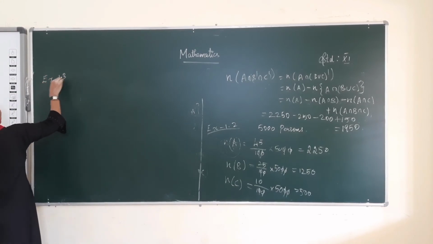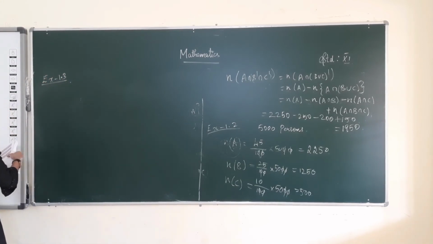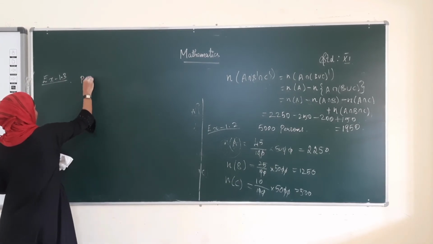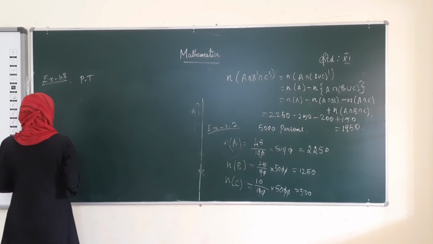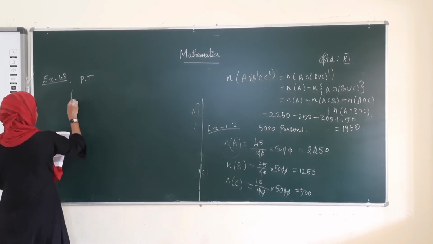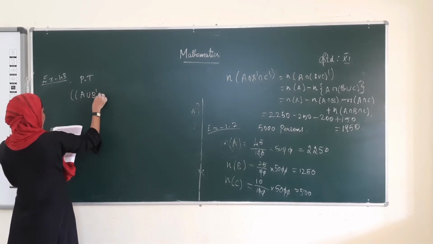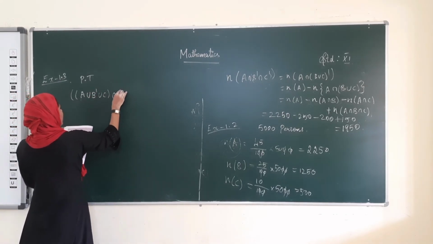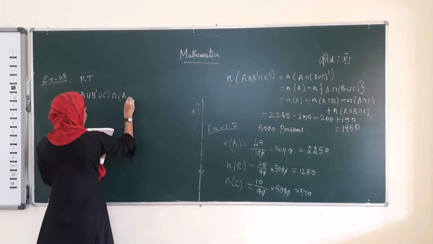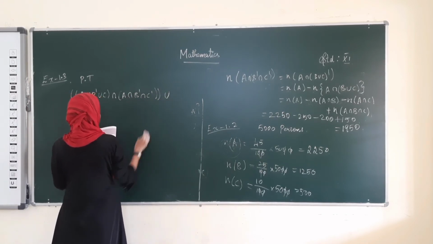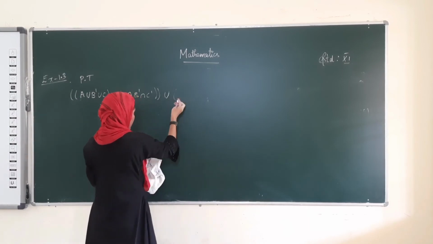Example 1.3. Okay, what they have given, we have to prove, they have given some lengthy equations like (A union B dash union C) intersection (A intersection B dash intersection C dash) union of, this is the question.